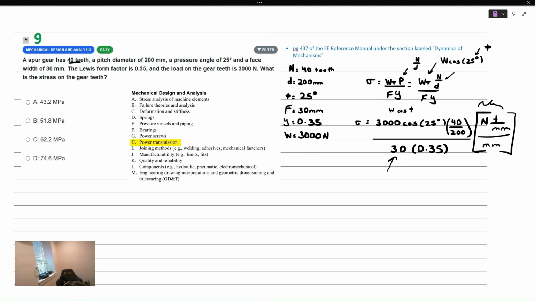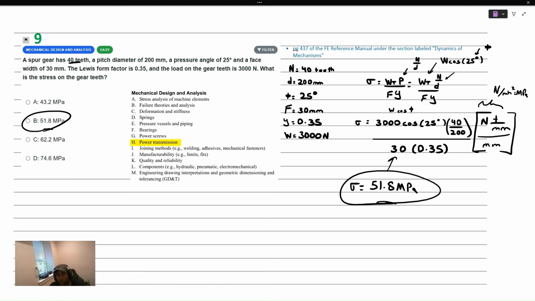What we're going to end up getting here is Newton per millimeter squared. That is just a megapascal. So our result is going to be in megapascal when we plug into this. And the bending stress is 51.8 megapascals. That corresponds to answer choice B here. Let's go ahead and move on to the next problem.